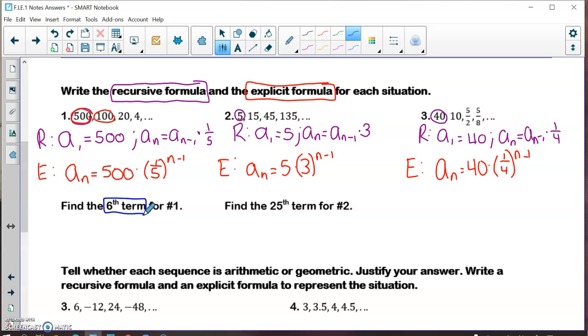So if I do 500 divided by 5, I get the 2nd term of my sequence, then the 3rd term, then the 4th term. So I'm going to do 4 divided by 5 to get my 5th term, which is going to be 4/5. And then I'm going to multiply by 1/5 here because it's easier to multiply a fraction by 1/5. Doing 4/5 times 1/5, we get 4/25 for our 6th term.